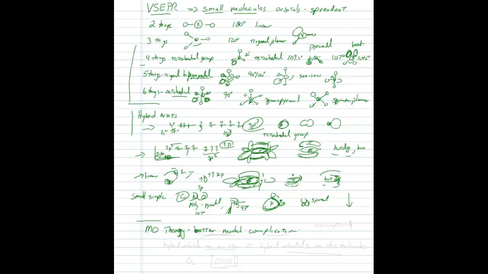So the MO theory is a better model, it's more complicated, and what it does is instead of having hybrid orbitals on an atom, they do hybrid orbitals on the molecule. Molecular orbital theory, MO.